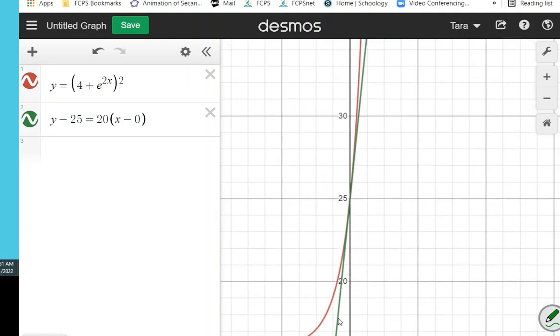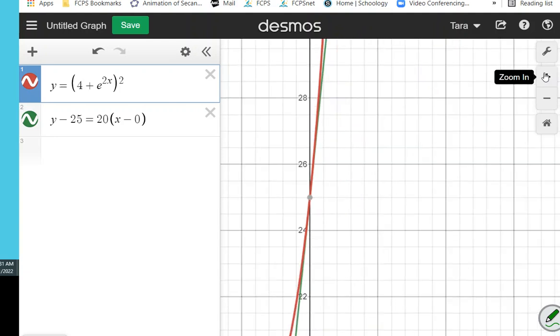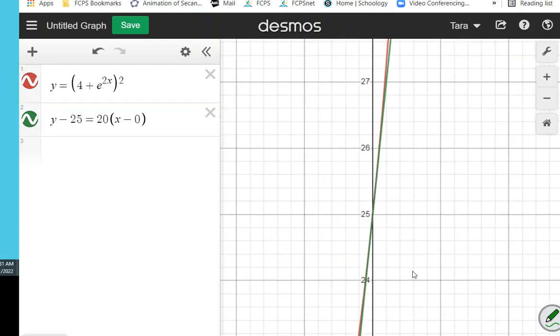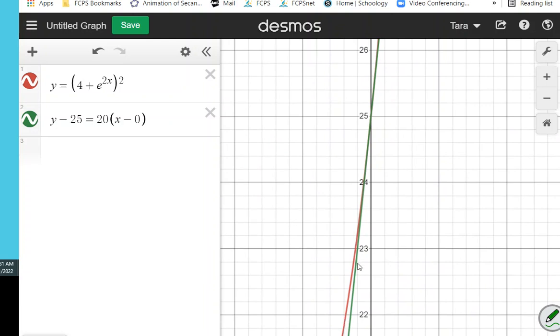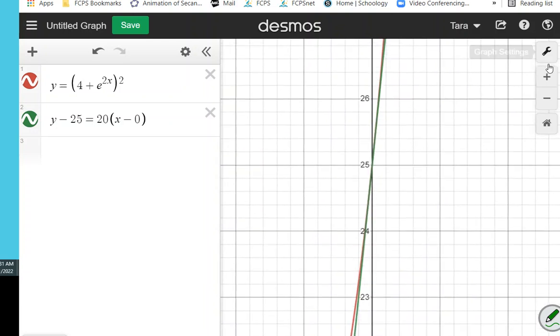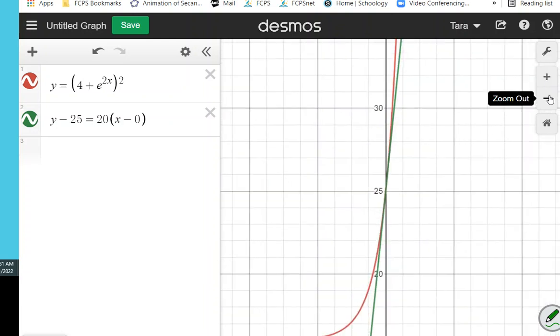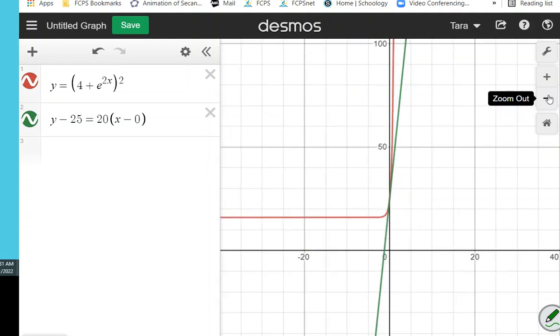Okay, so you can see the red curve, you can see the green line. They definitely intersect right there. The green line is coming down and touching the red curve. If we zoom in a little bit more, yeah, we've got a tangent line looking thing. They're distinct from each other. They do have an intersection.